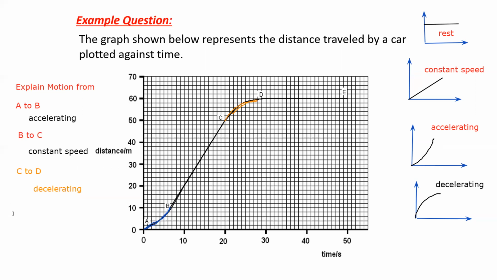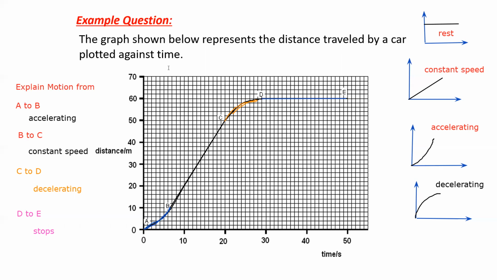And what is happening from D to E? It's a horizontal line. So from position D to position E, you can say the car stops, or the car is stationary.